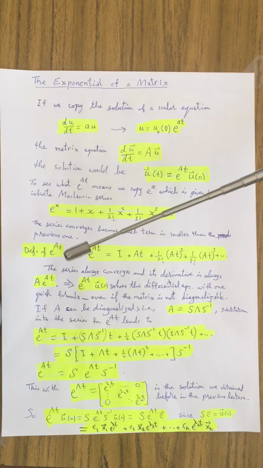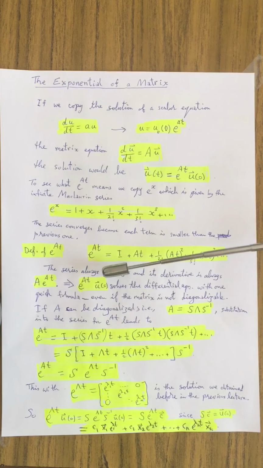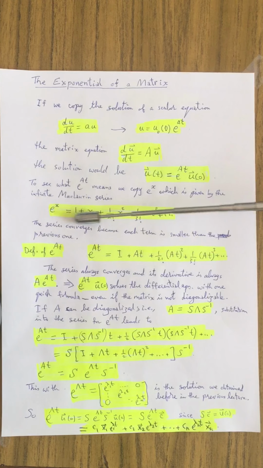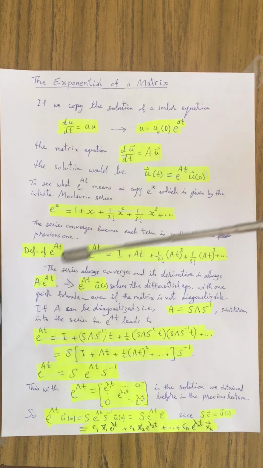So the definition of e to the At would be, along the same lines, I instead of 1, x becomes A times t, the second term, the third term is 1 over 2 factorial At squared, the next term 1 over 3 factorial At cubed, and so on. This series converges and its derivative is always A times e to the At.